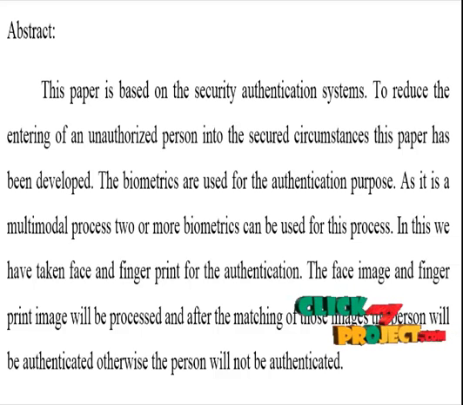Biometrics are used for this authentication purpose, and as it is a multimodal process, two or more biometrics can be used. In this, we have taken face and fingerprint for the authentication. The face image and fingerprint image will be processed, and after the matching of those images, the person will be authenticated, otherwise the person will not be authenticated.